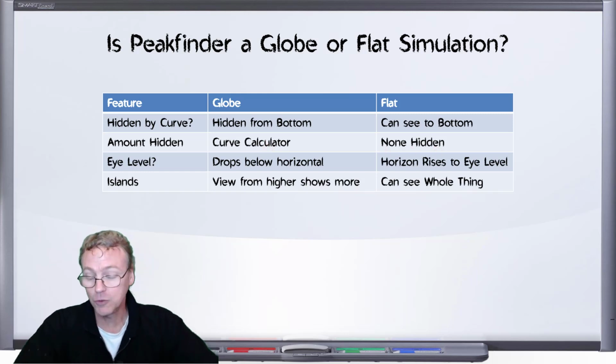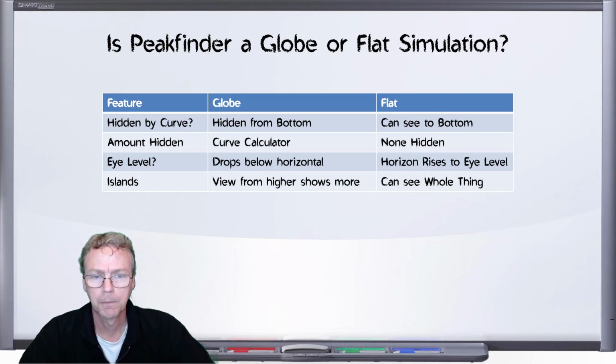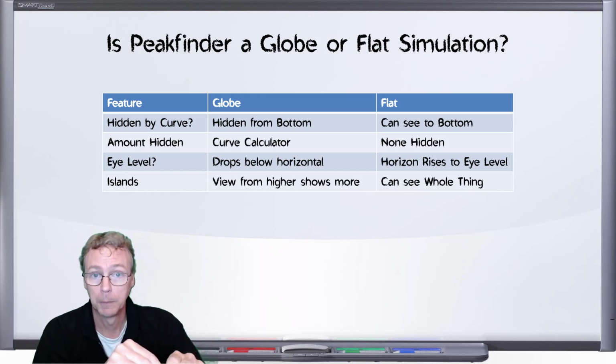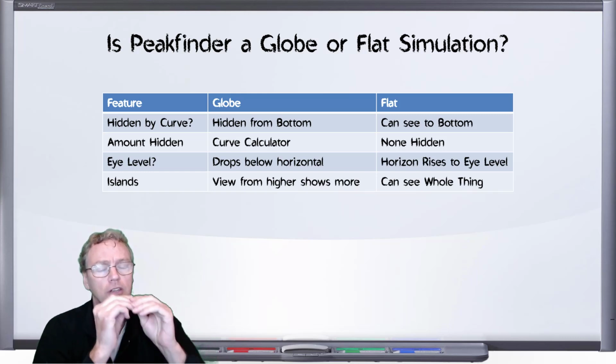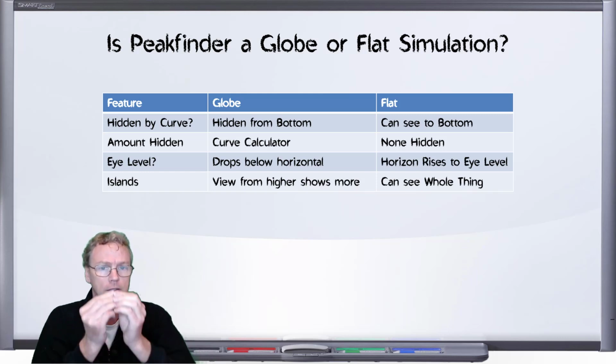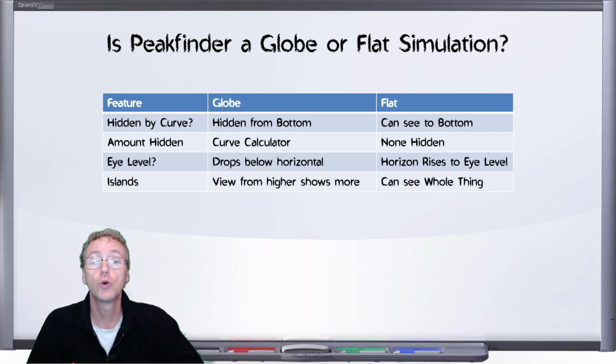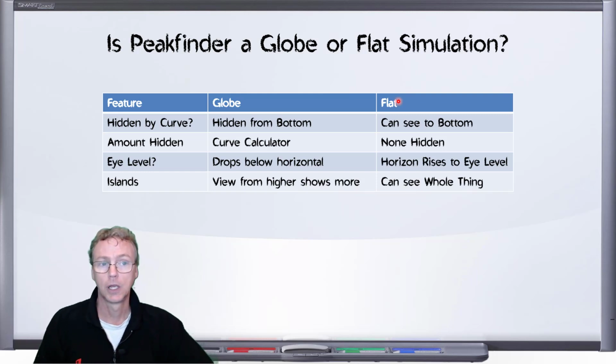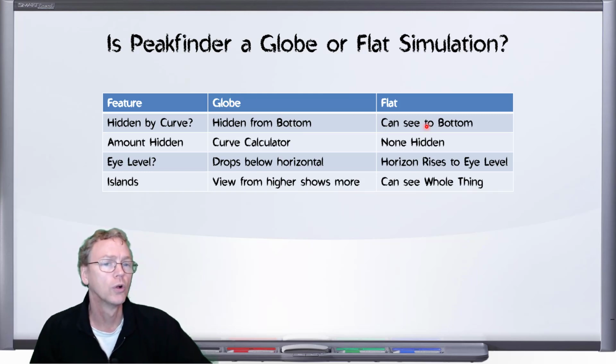This is where we get into a real sticking point. I insist that in order to be fair, we have to apply the same exact rules to both. If there's a rule that the globe must follow, we have to have a matching rule for the flat option. For example, if the rule for the globe is that the bottom is cut off, then for flat the opposite must be true.